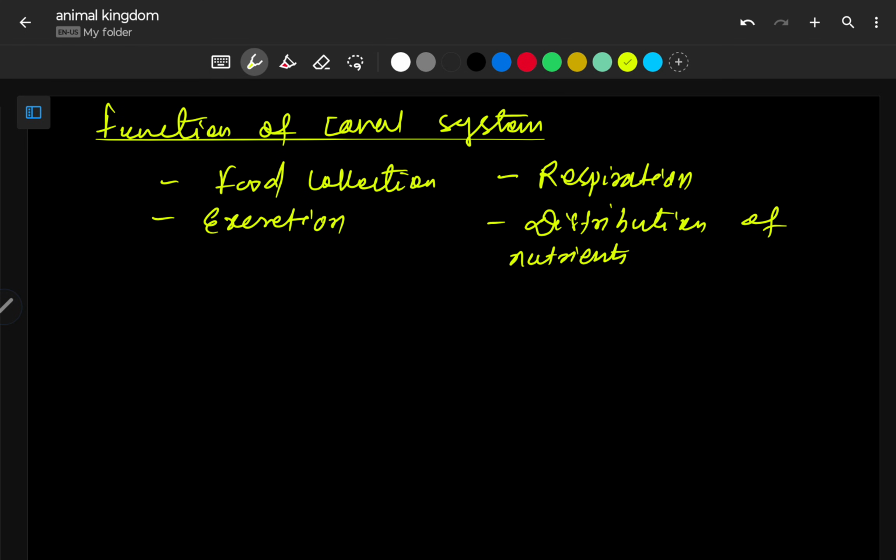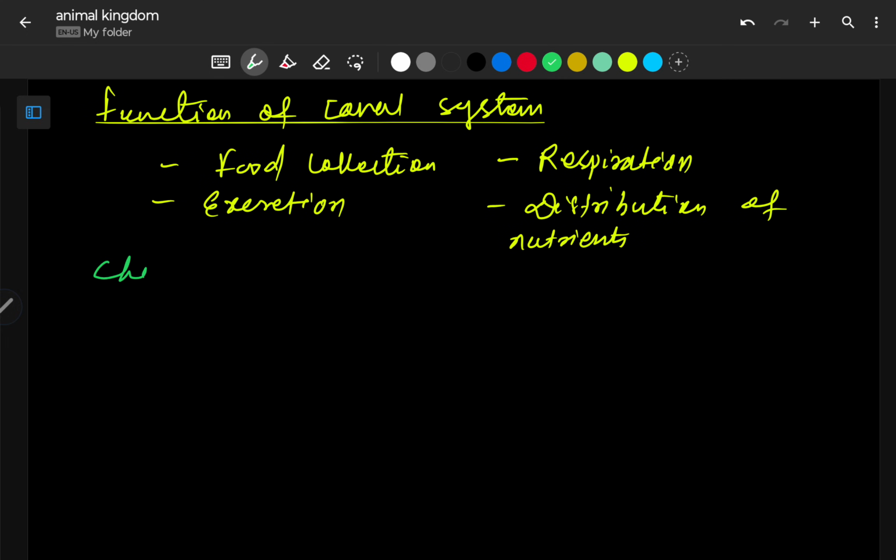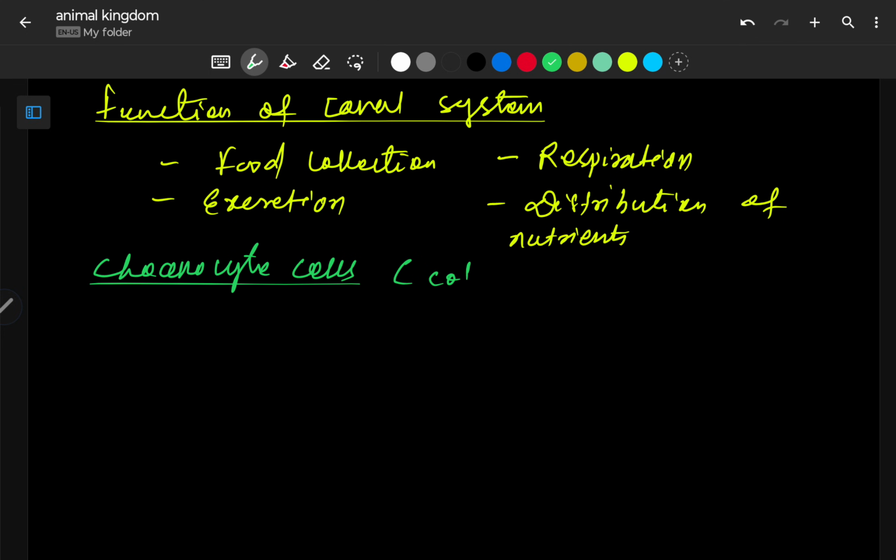Okay, now what enables the canal system to perform these functions? So there is a special type of cell in them that is known as choanocyte cells. These choanocyte cells are also known as collar cells. Okay, and they are flagellated cells. So what is their role?